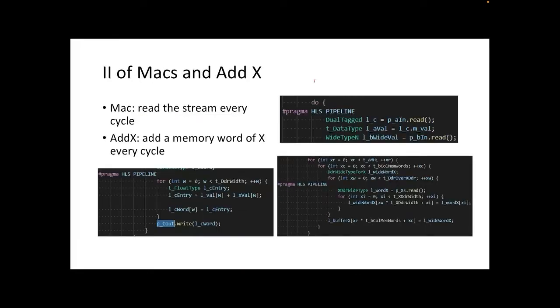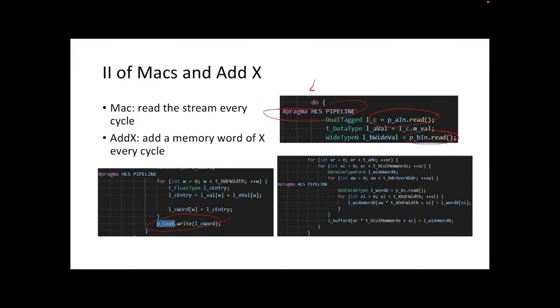Okay, so once you read the stream, in the stream the II is 1. So regardless of the DDR latency, in the stream the II is 1, because here you read from A and you read from B and you use pipeline. So for the multiplication, the II is 1.